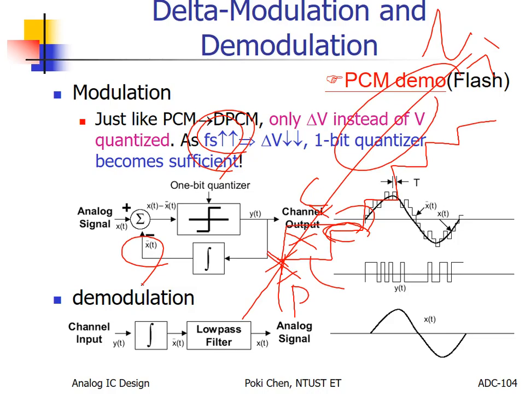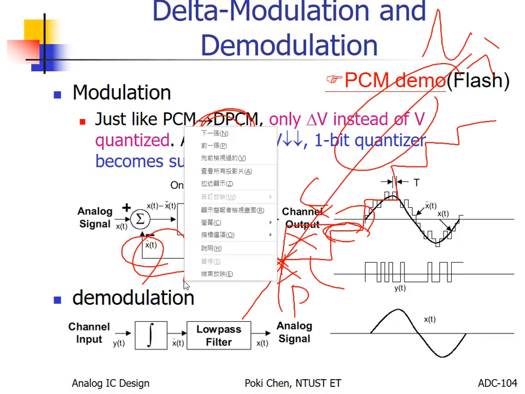Okay, got it? So if again you increase the sampling frequency very high, then 1 bit to increase it or to decrease it, good enough. Yeah, to reconstruct the previous sample, good enough. That's it.